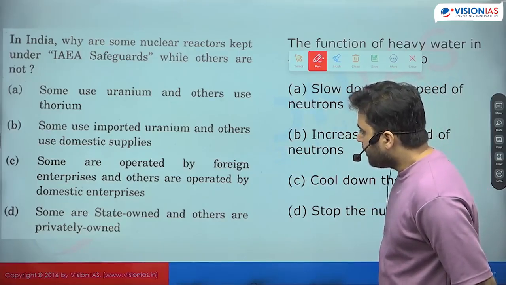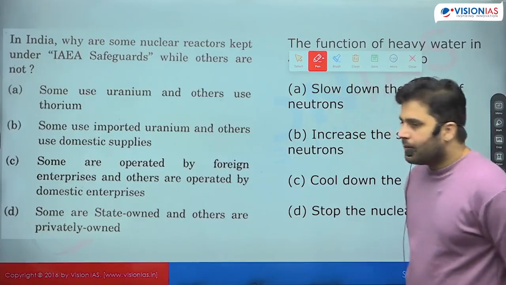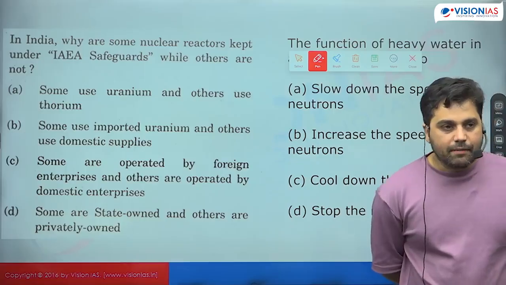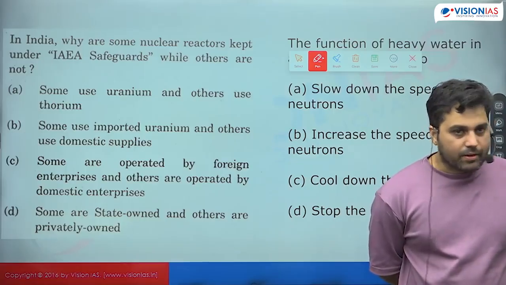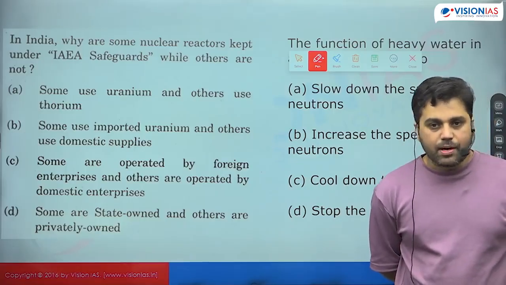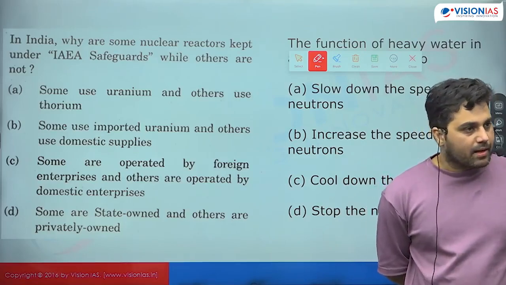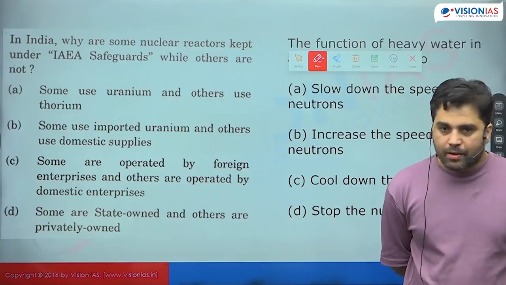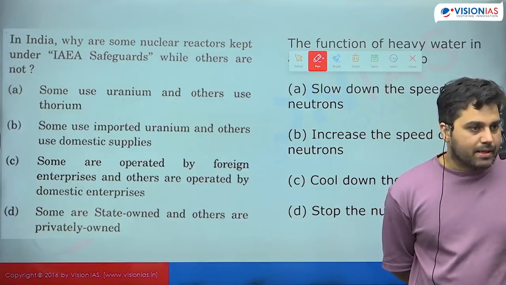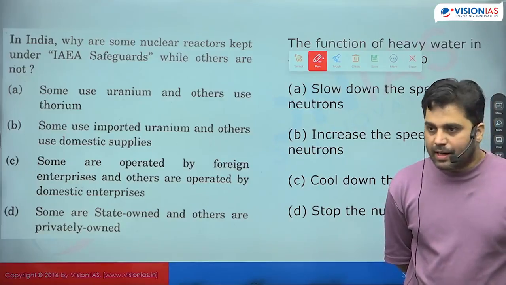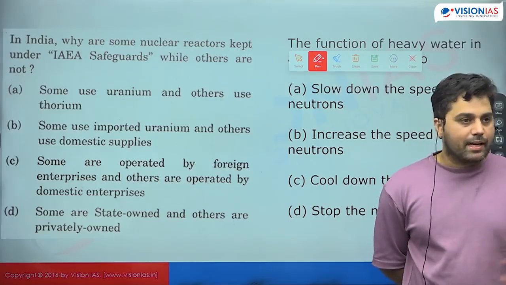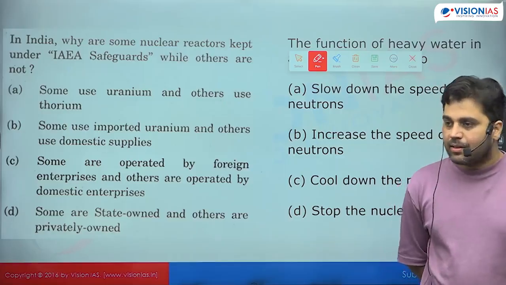Some are operated by foreign enterprises, others are operated by domestic enterprises. If there is foreign collaboration, there should be no doubt that all of our reactors are run by domestic enterprises only. 100% FDI and 100% operation of nuclear reactors by foreign companies is not allowed in India. Yes, there are collaborations.